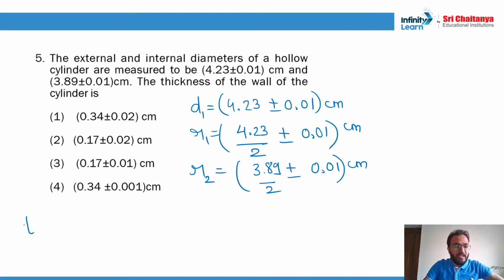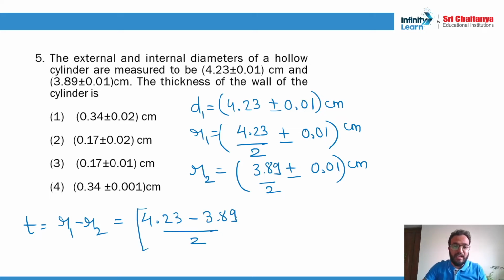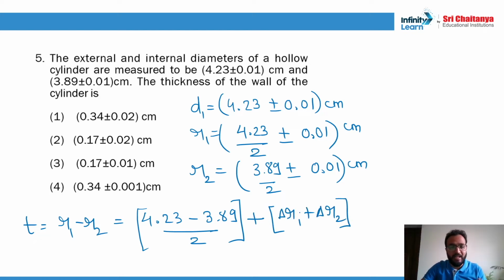Now what you want is thickness. Thickness is R1 minus R2. So it will be 4.23 minus 3.89 by 2, and errors are always added, remember. So delta R1 plus delta R2, that should not be subtracted, that is always added.